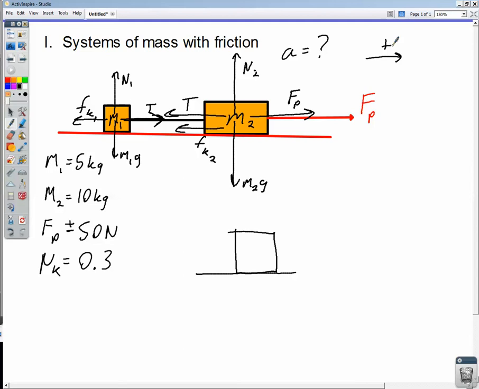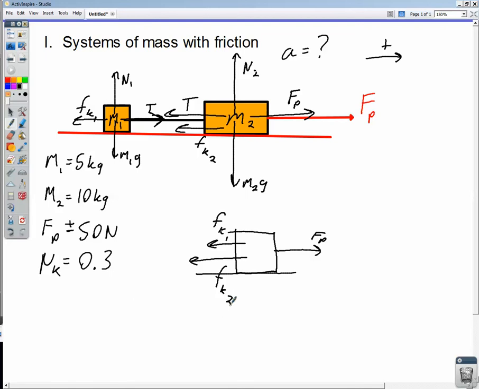So forces acting on the system to the right: we have the force pull forcing the system to the right. The two tension forces cancel out, so those we don't care about, which means the only other forces acting are the two frictional forces. We've got Fk from block 1, and we have Fk from block 2, going back to the left.